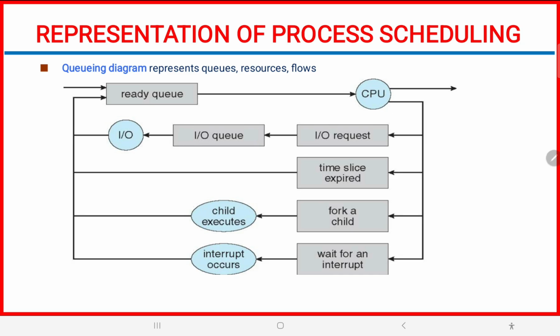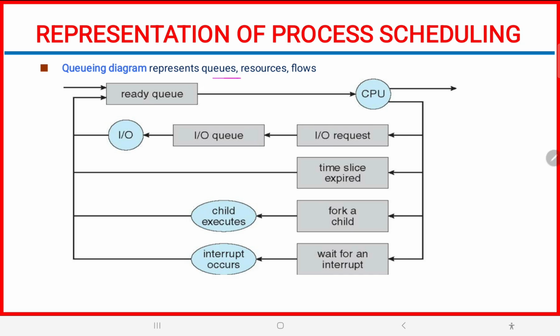So if you see over here, in this figure, we are showing you the representation of process scheduling. Once a process is allocated a CPU core and that process is executing, there are several events which can occur now. In fact, there are 4 possibilities over here. The first possibility is, first of all, the process was in the ready queue.